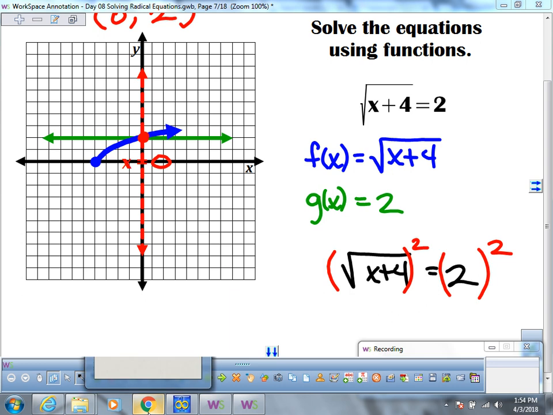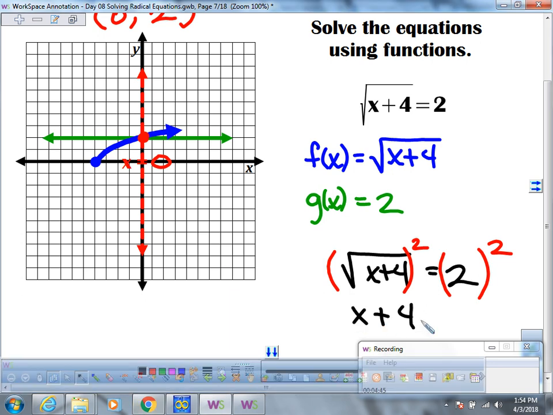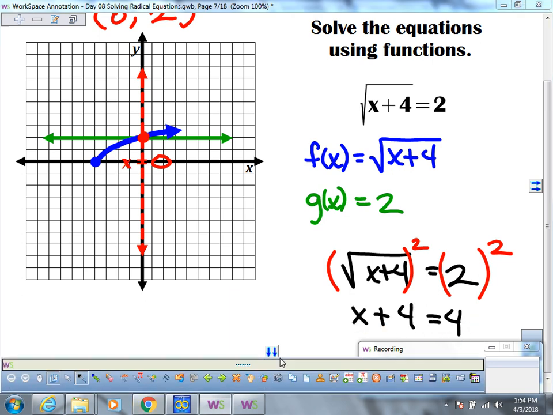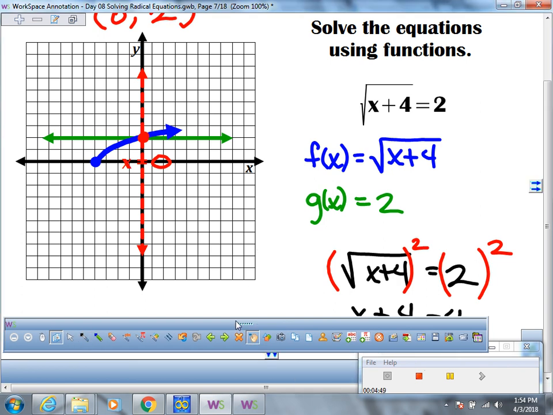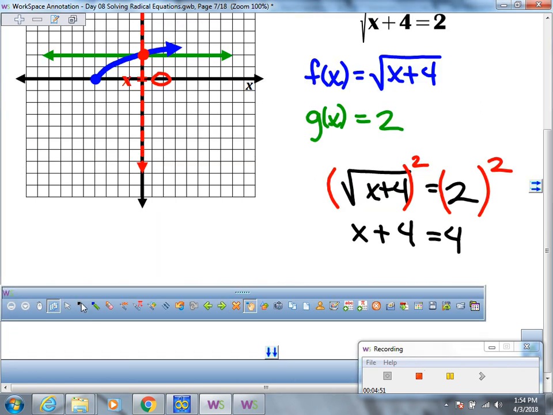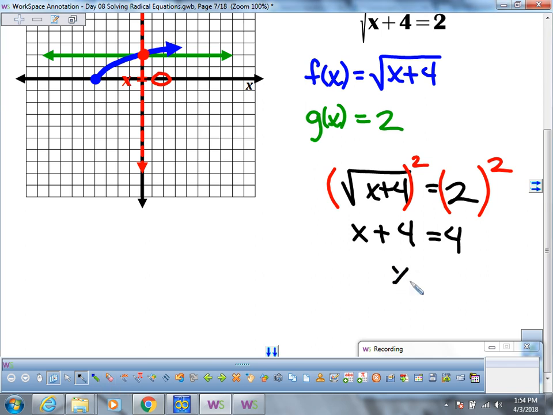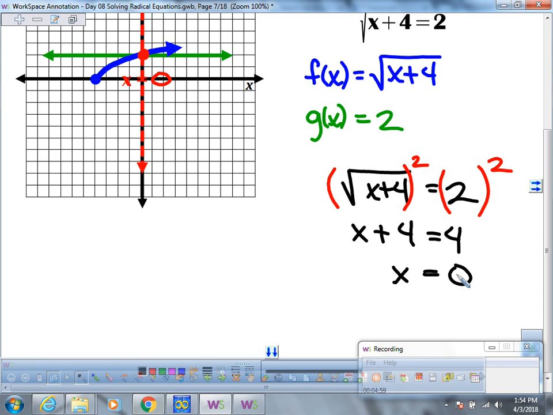So now I have x plus 4 equals 4. And x equals 0. Algebraically, graphically. What's the beauty of this? It's a check, right?